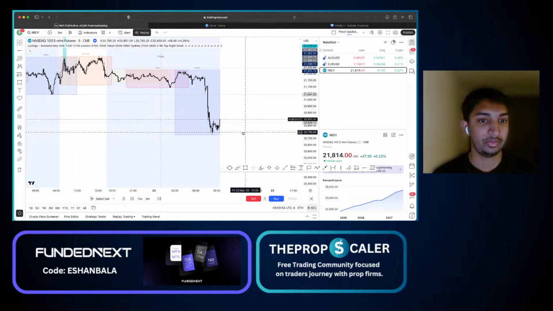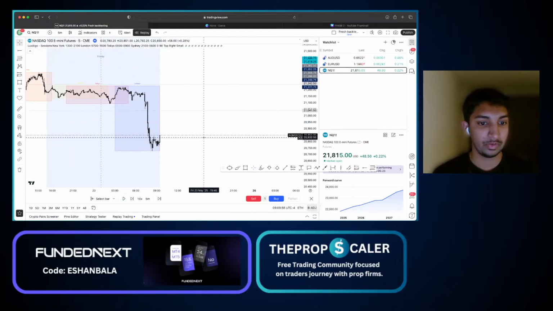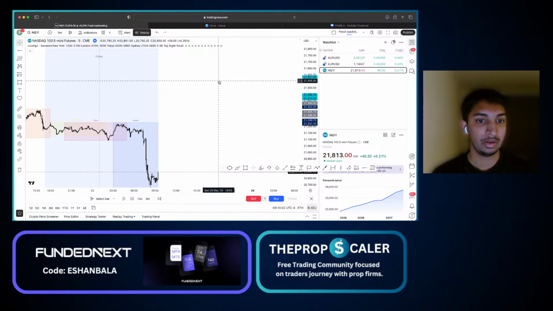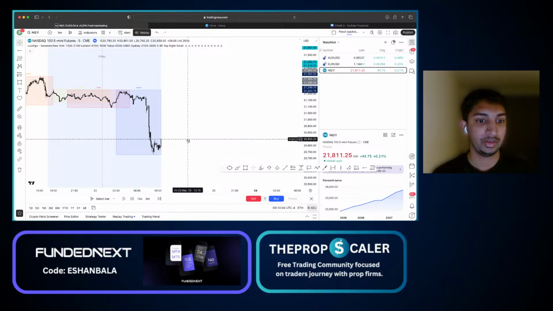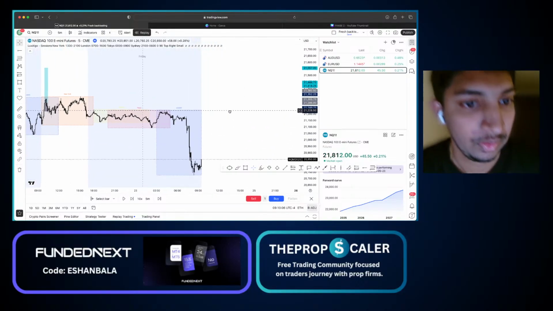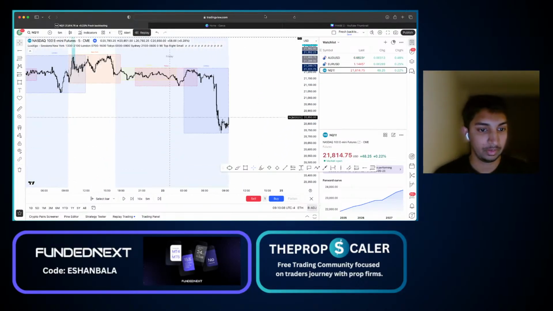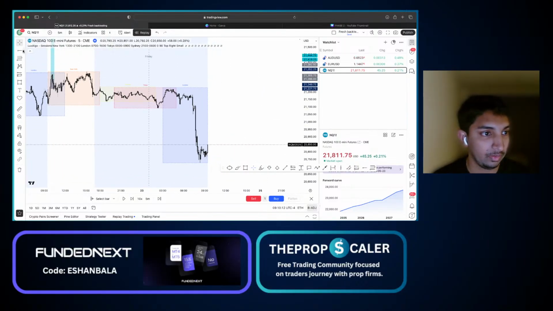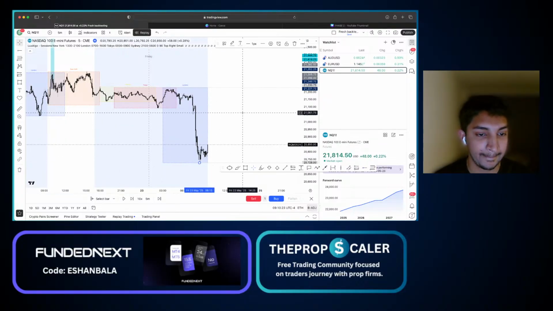Cool. Alrighty, so we can get rid of our lines from the previous session. Want to keep it very, very clean. So we do the same thing again. We mark out London high, which should be over here, and we mark out London low, which would be here.